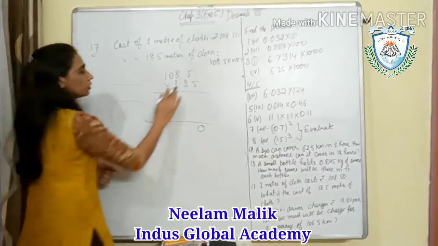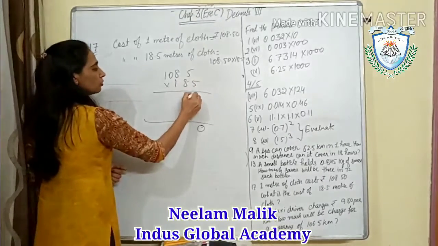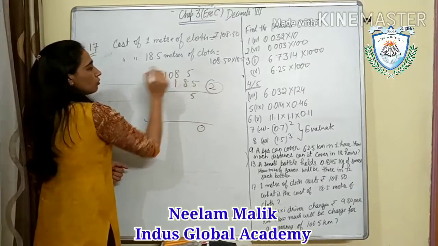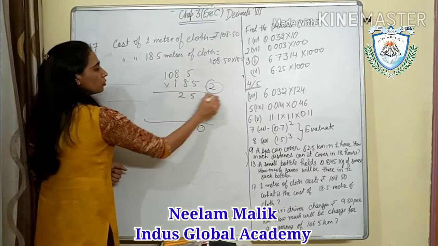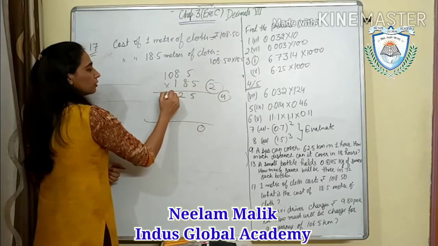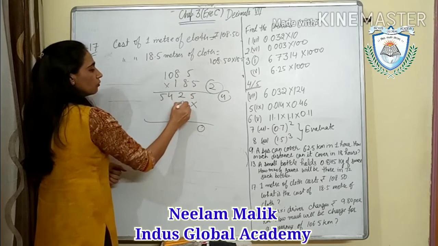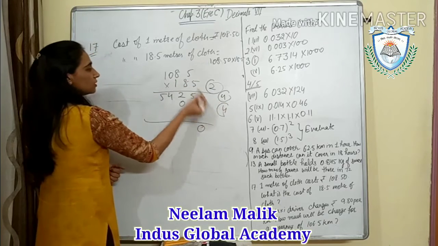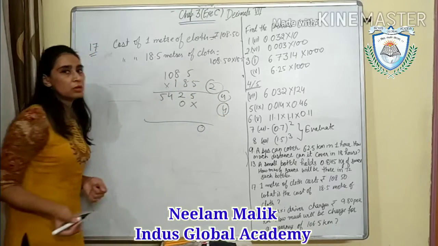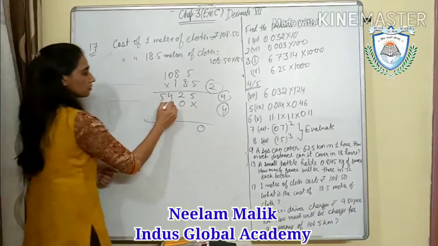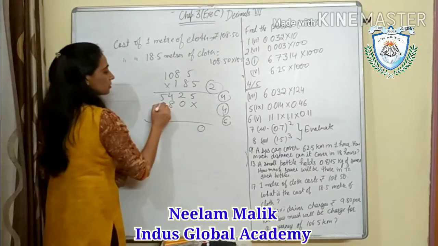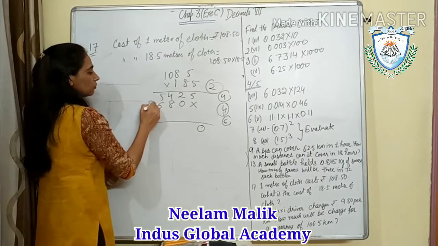Now we will do the multiplication. 5 5s are 25. 5 8s are 40, and 2 is 42. 5 1s are 5, and 4 is 9. Multiply this: 8 5s are 40, 8 8s are 64, 64 and 4 are 68. 8 1s are 8.